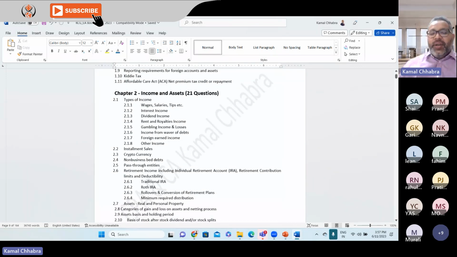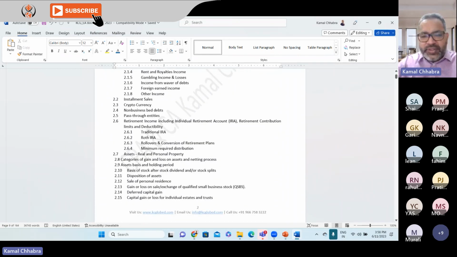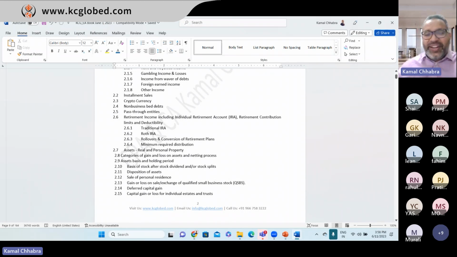Then the second chapter will cover all the incomes and assets, like we were discussing. Income includes wages, salary, interest, dividend, rental, gambling, waiver of debt, foreign earnings, other income, installment sales, and all those things. Here you will be learning cryptocurrency also. This is a new topic, I'm sure you'll love it.